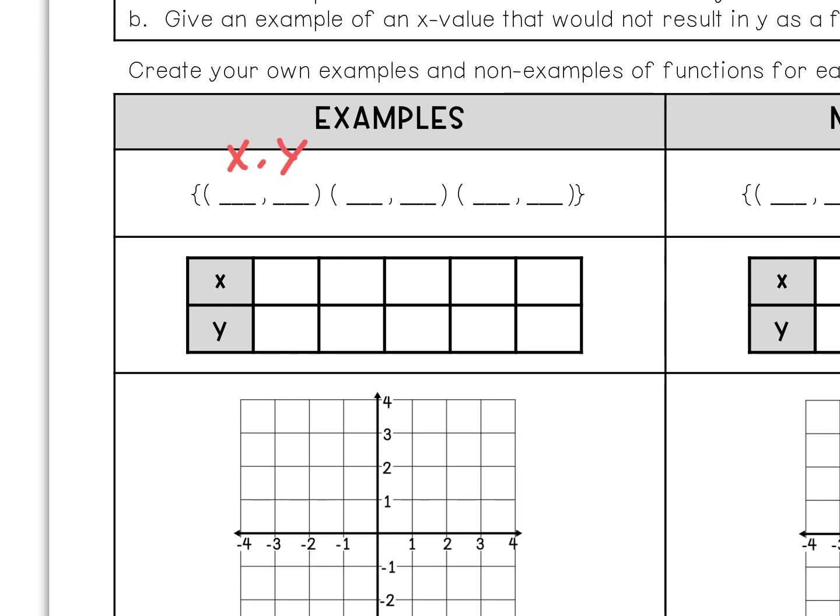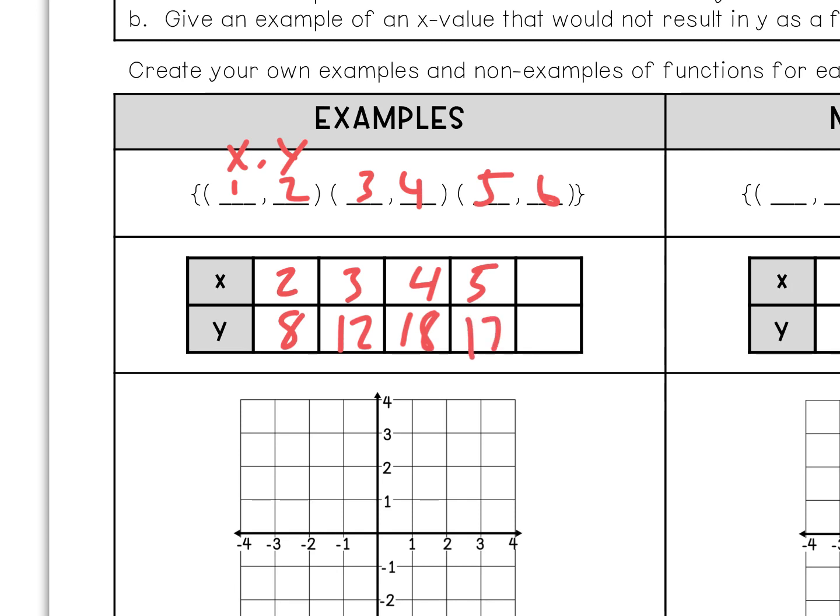Actually, that's a good point. You don't have to do the same numbers in all 3. You can do different numbers for all 3. So if you did 1, 2, 3, 4, 5, 6, you could do 2, 8, 3, 12, 4, 18. You don't have to do it that way.